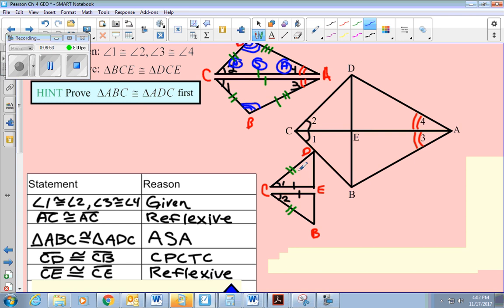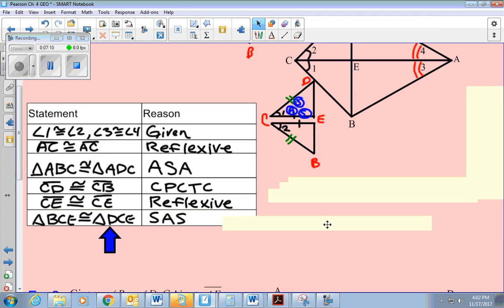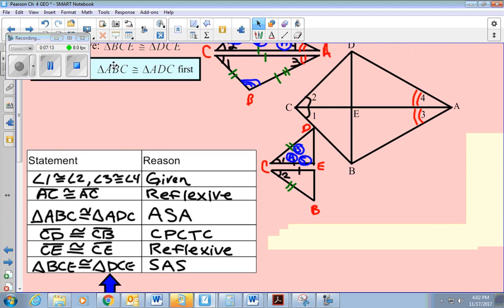If we start at this CD, we have a side, an angle, and a side that are congruent. So we can say, and anytime you are proving something, it should always go at the very end, we're trying to prove triangle BCE is congruent to triangle DCE, and that's by side, angle, side. So that's how we use corresponding parts of congruent triangles.